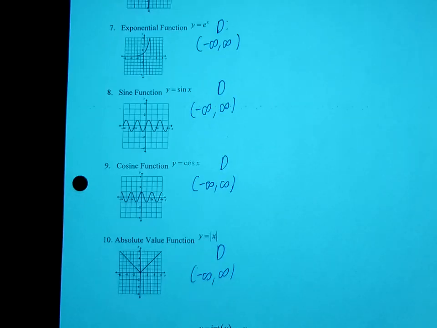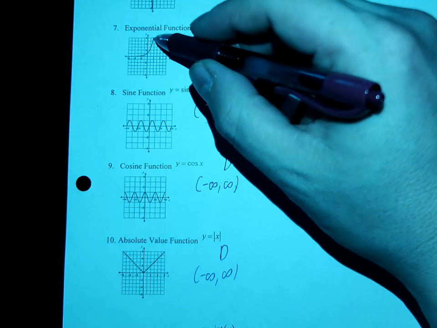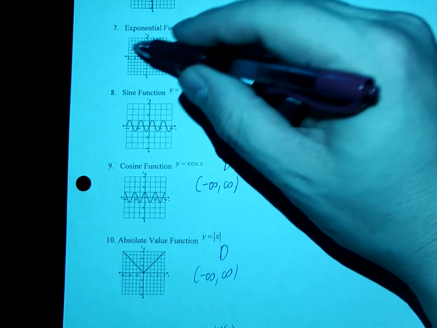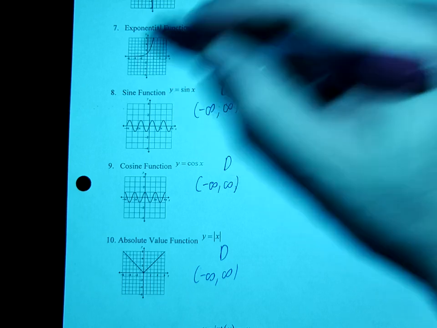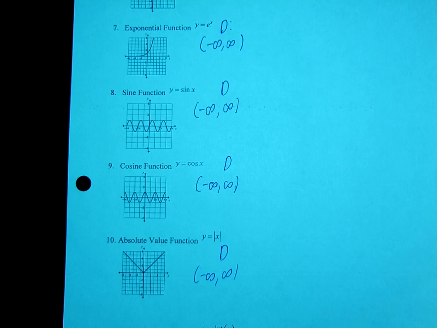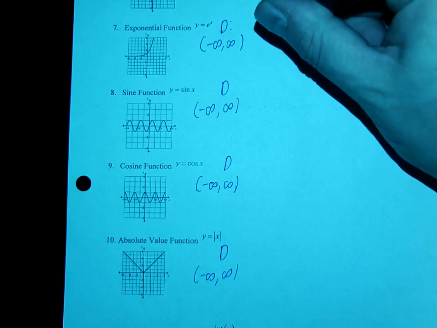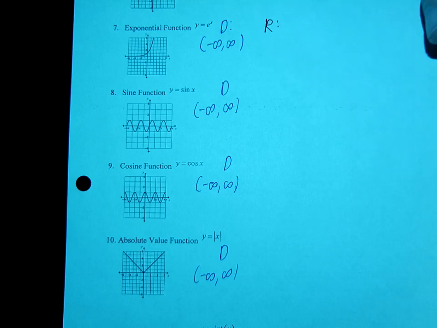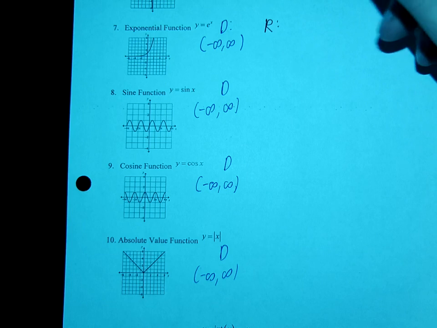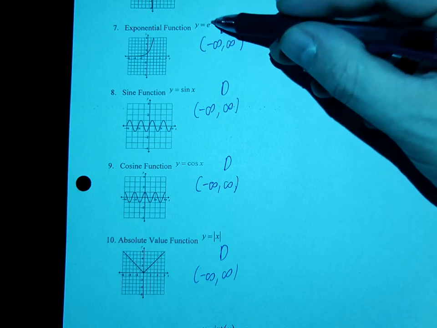Alright, question 7, the exponential function. Notice again how this is limited. It does not go below the x-axis. So this has a limited range. Now will it ever actually equal 0, the y value, is the question. So we're asking ourselves, does this actually equal 0 ever?